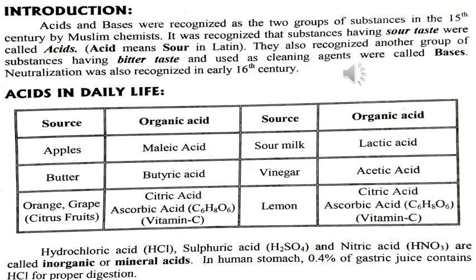All citrus fruits contain large amount of ascorbic acid, C6H8O6 or vitamin C. Ascorbic acid also acts as an antioxidant. Apples contain malic acid. The souring of milk produces lactic acid. Butter on rancidity gives butyric acid. The extract of vinegar is called acetic acid.